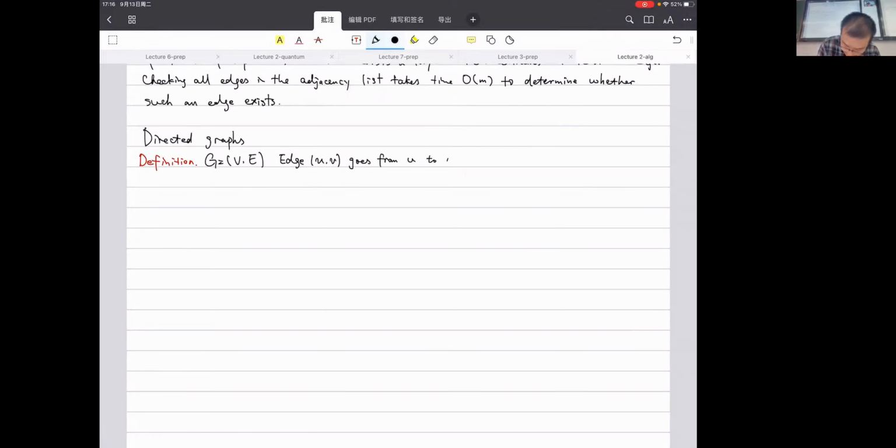So in general, for instance, hyperlinks point from one page to another, and this is really a one-direction pointer.